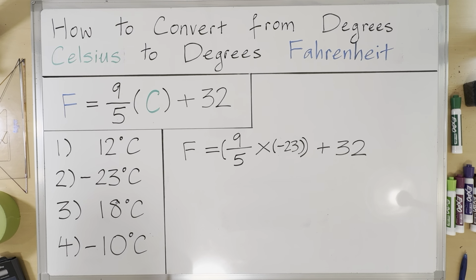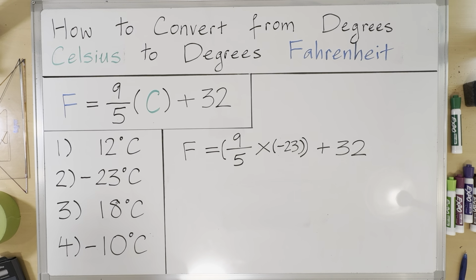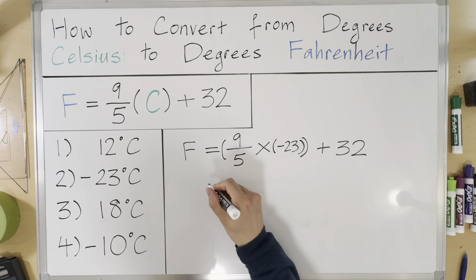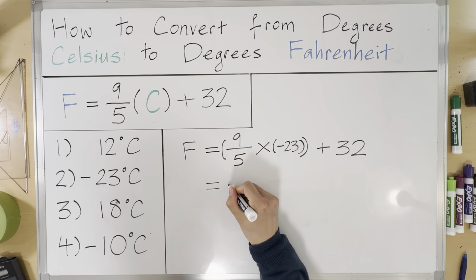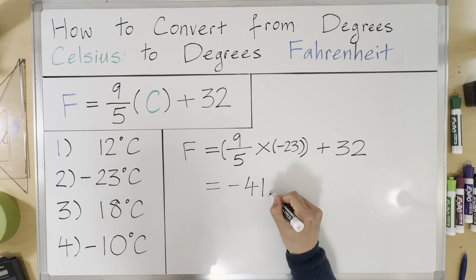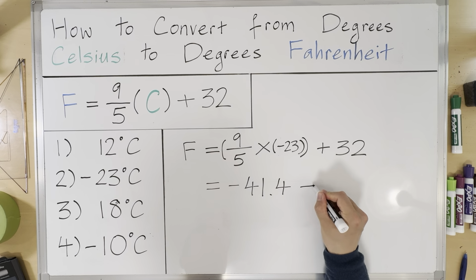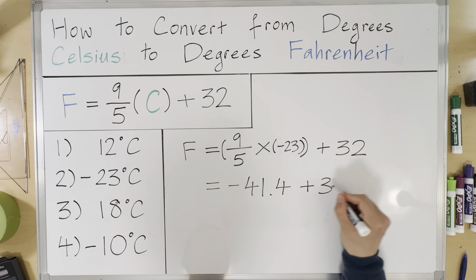And 9/5 times negative 23, that gives us negative 41.4. And we will add 32.